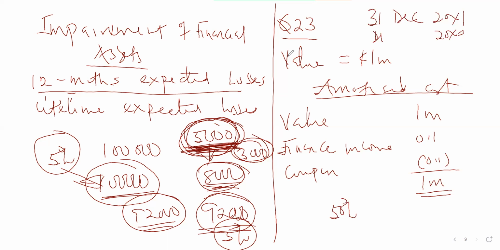And that 50% is the same as 500,000. Am I correct? Yes. And we are not going to receive any further interest. That is telling you that we are going to receive lower than what we should receive, so the asset has impaired. But this 500,000 will be received in 2 years' time. So what do we do?